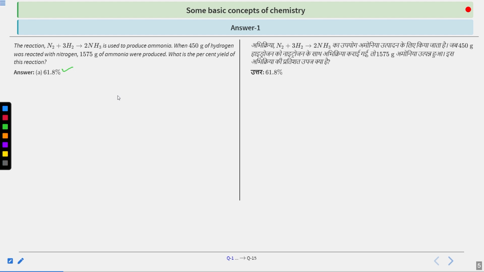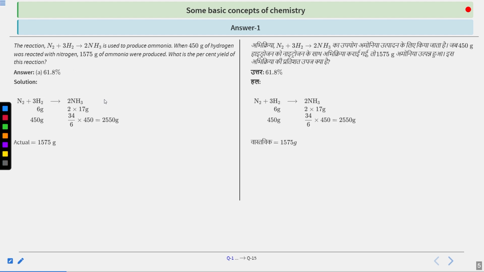So how to solve it? First of all, let us see the equation that is given here. The equation is already balanced, so we don't need to balance this reaction. Now we will write the equivalence in terms of masses, taking it as a molar thing.